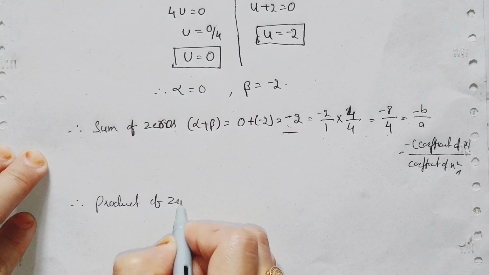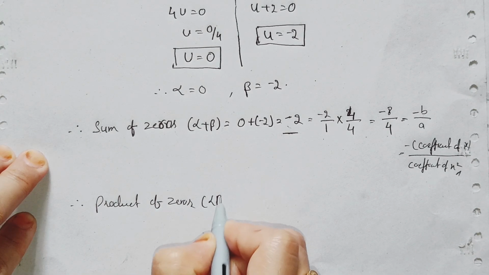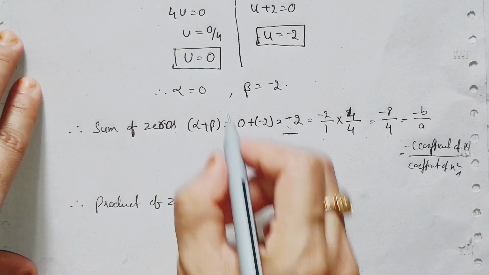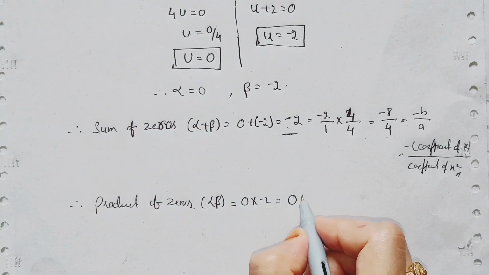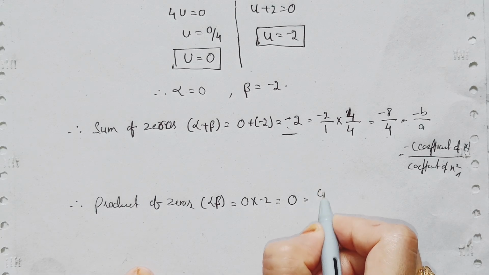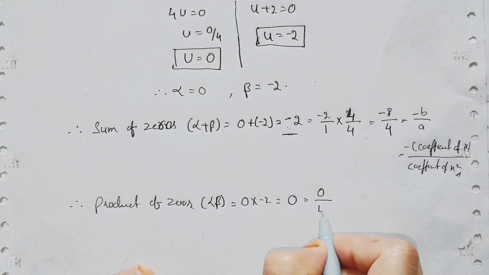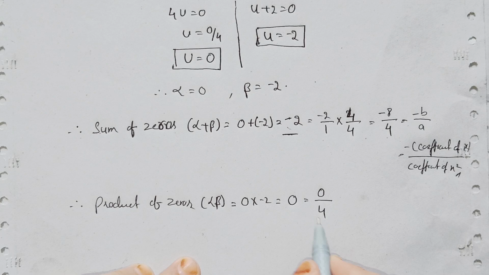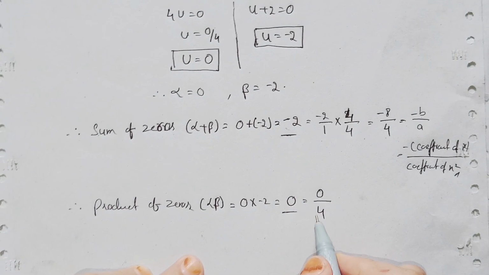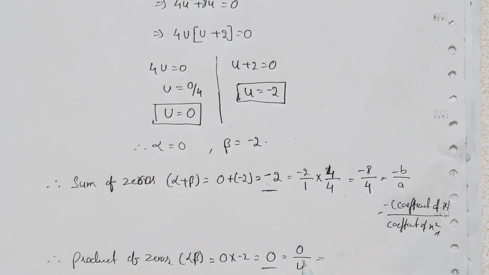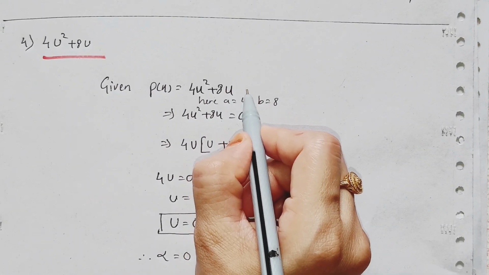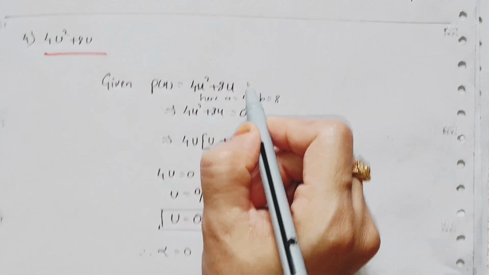Now we'll do the product the same way. Product of zeros, which is alpha beta, equal to 0 into minus 2, which is 0. This 0 I can write as 0 by 4. 0 by something is always 0, we know that, but I'm splitting it like this to get the relation. What is 0 here? 0 is nothing but the constant term.